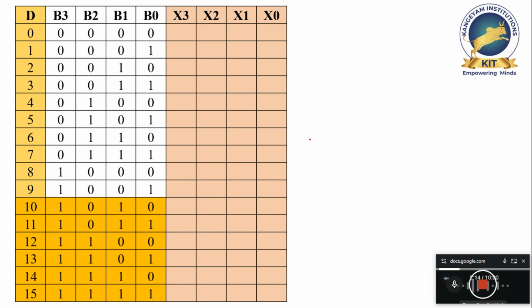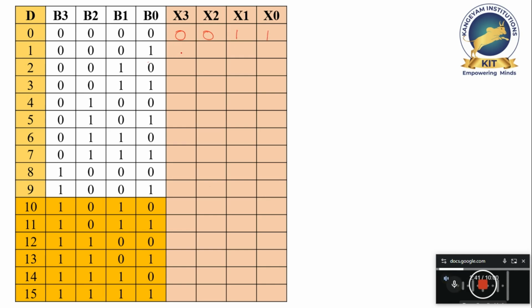So here BCD starts from 0 0 0 0 and goes to 1 0 0 1, but 4 bits have a possibility of going up to 15. What happens to those other inputs, we will see one by one. First, for example, 0 0 0 0 means XS3 will be, as I told you, we have to add 3 to it, so 0 0 1 1.